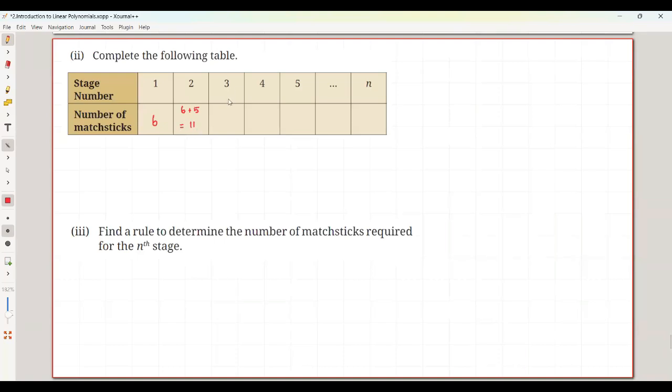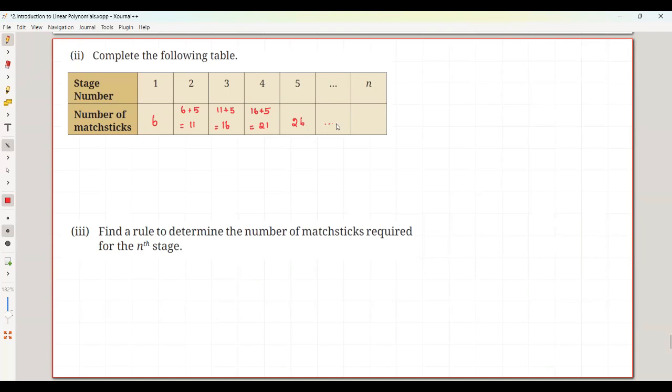Now in the third stage, 11 plus 5 becomes 16. Next, fourth stage, 16 plus 5 is equal to 21. Next, 21 plus 5, 26.